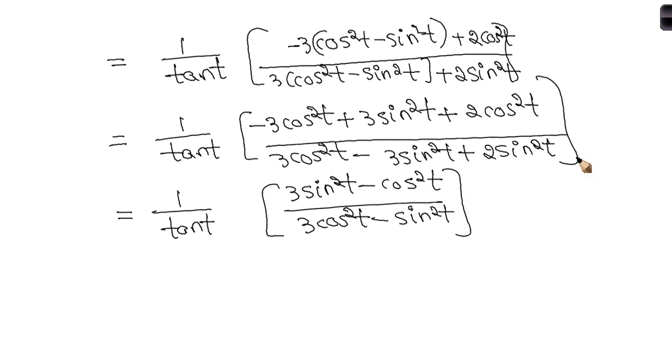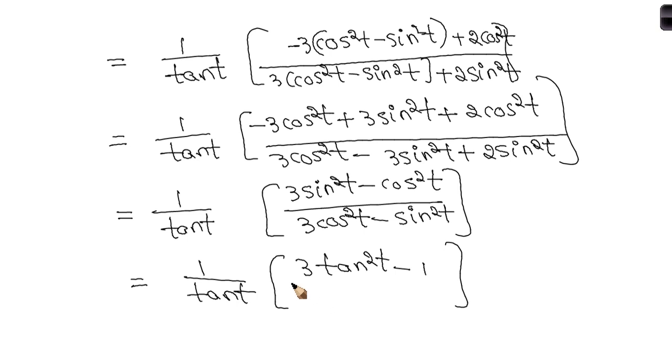Divide with cos square t in both the numerator and denominator, then we get 1 by tan t into 3 into sin square t by cos square t is 3 tan square t minus 1 upon 3 minus tan square t.